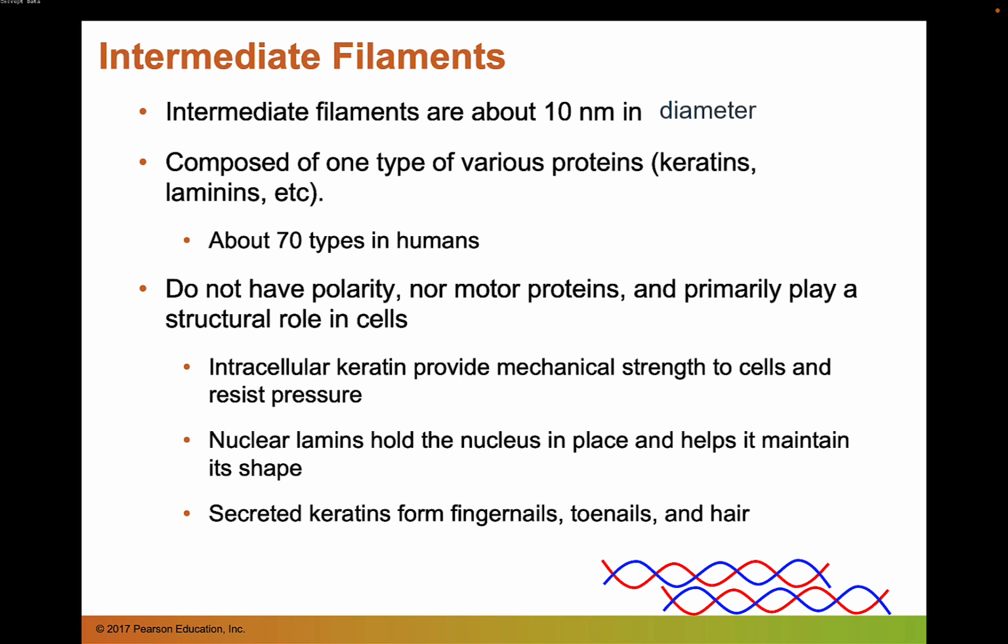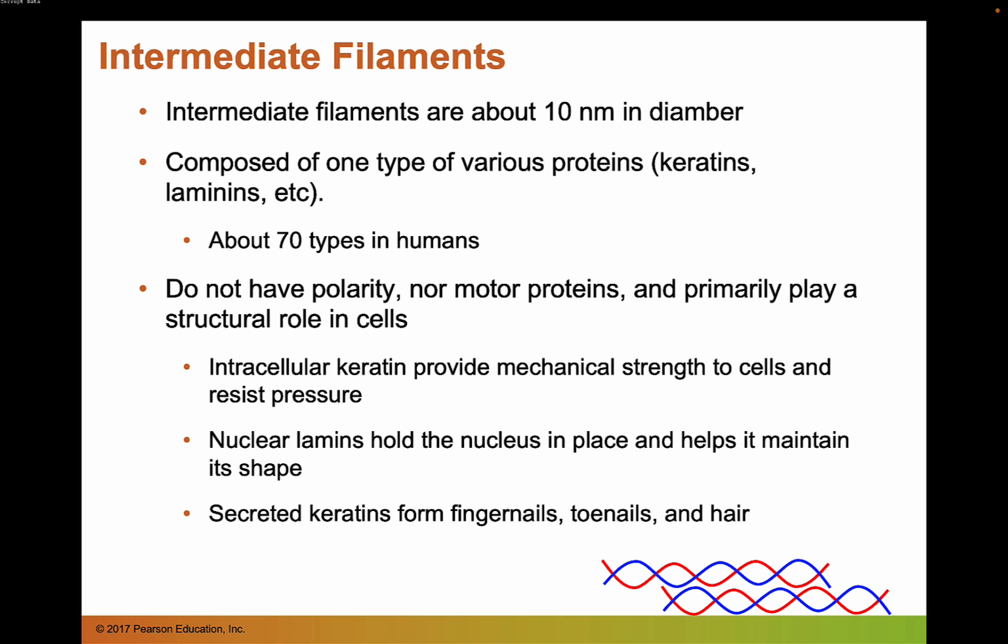And then secreted keratins are probably where you've heard of keratin before, and so most cytoskeletal proteins are inside the cell, but this form of keratin can be secreted, and it will then form fingernails or toenails or hair, right? But again, most cytoskeletal filaments we're going to talk about in this class are inside the cell.